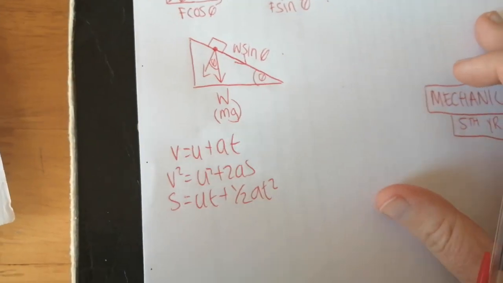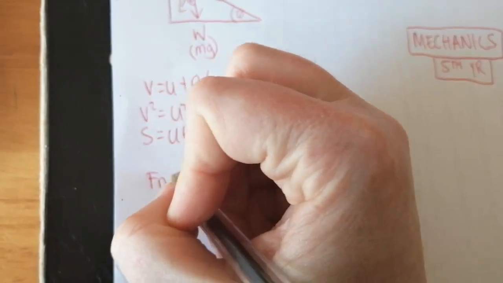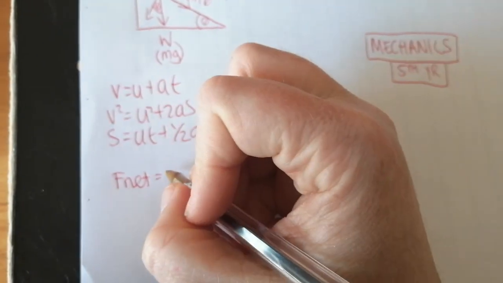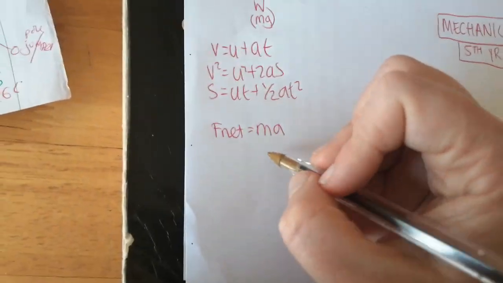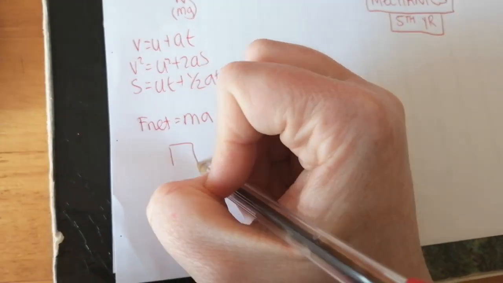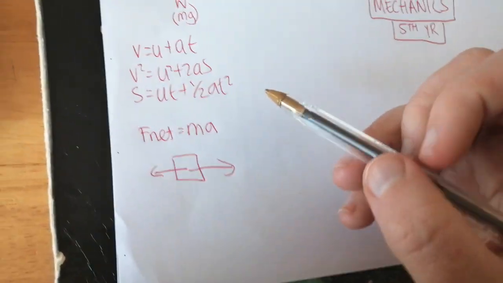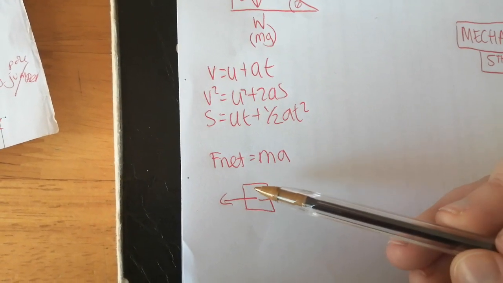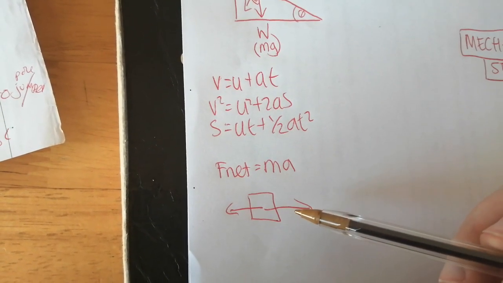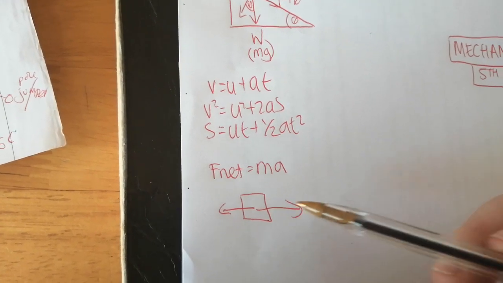A lot of the time you're going to need to work out the net force. F net, or resultant force, is just the mass by the acceleration. You can find the net force by taking one force away from another. For example, if I have a car that's accelerating, I'll have a driving force minus the friction, so that it'll accelerate forward.